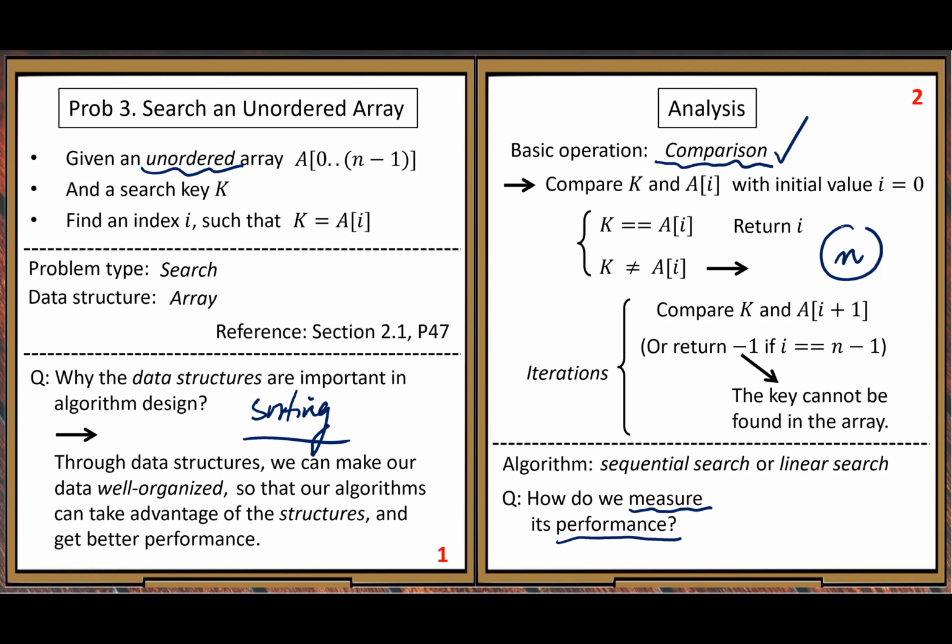Think about that. If the range is between 0 to 100 or 0 to 1,000, is there any difference? You still need to do the same number of comparisons, right? Think about that.